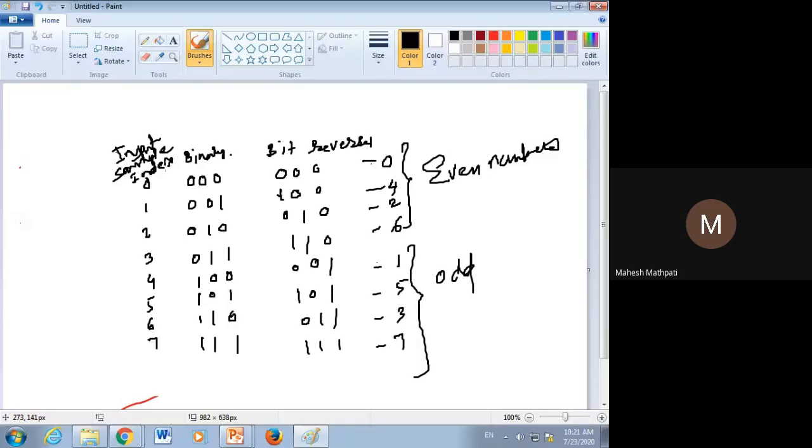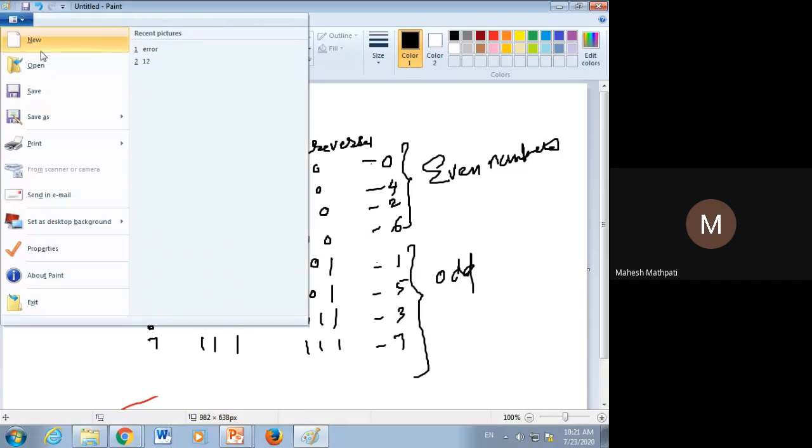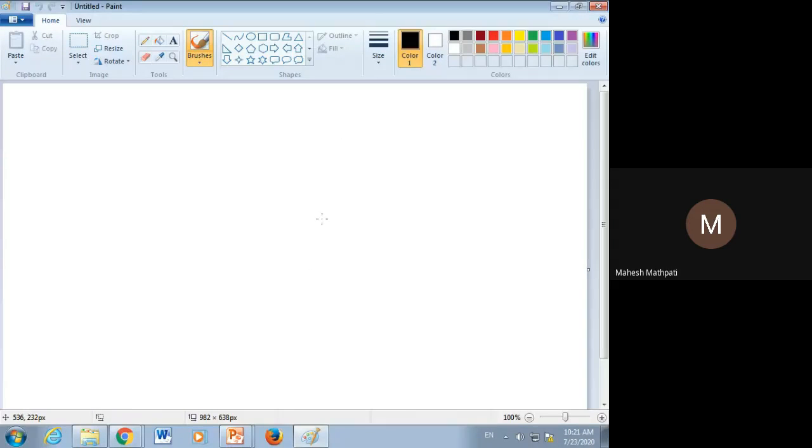Find the 8-point DFT of a sequence x of n equals 4 times 1, 1, 1, 1, 1, 0, 0, 0, 0, using the DIT FFT radix 2 algorithm.